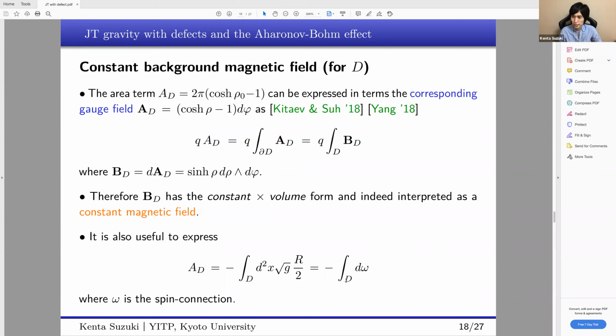However, this rewriting works only for the disk geometry, and it does not work for the punctured disk geometry, because as we saw before, for the punctured disk, this Ricci scalar was not just -2, but it also had a delta function contribution. So this means that for the punctured disk case, we should also expect some topological contribution for the gauge field.